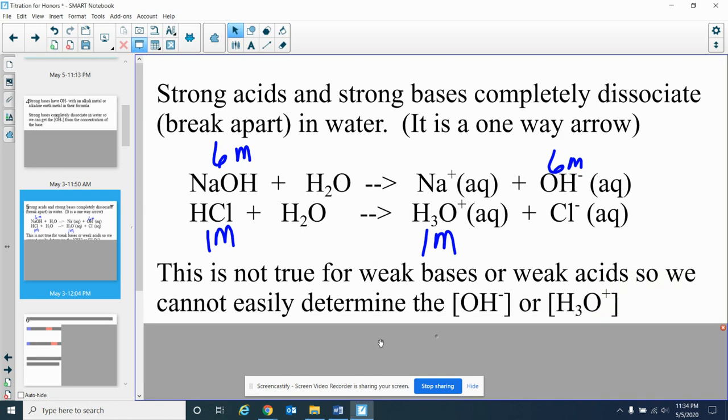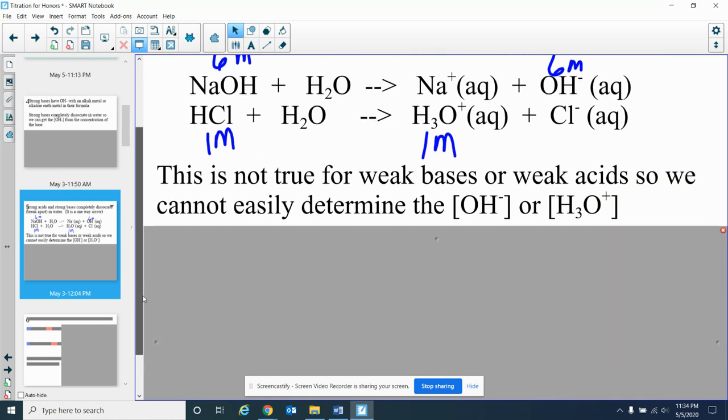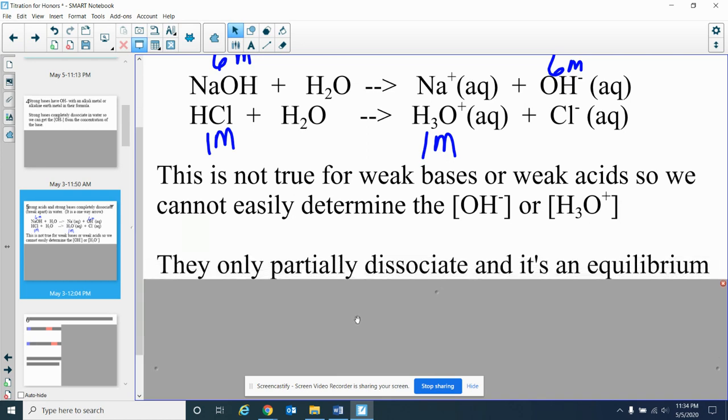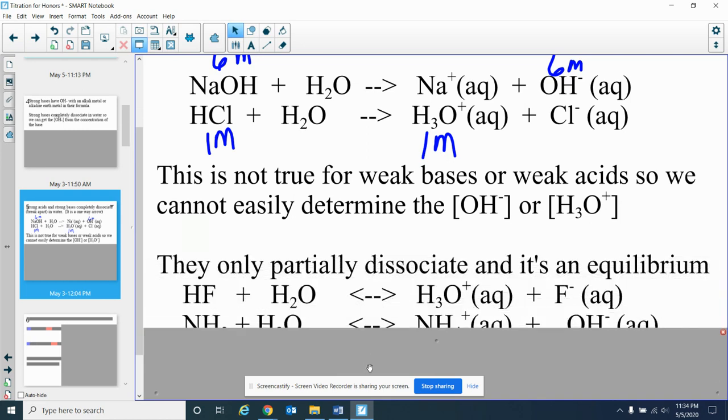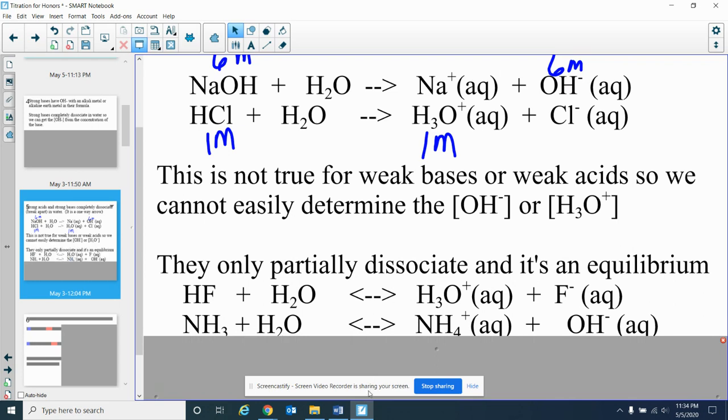With weak acids and bases, it's not easy to determine their OH minus or H3O plus concentration because they only partly dissociate in water. They actually set up an equilibrium where they start to dissociate, but then these ions can get back together and go back that way.